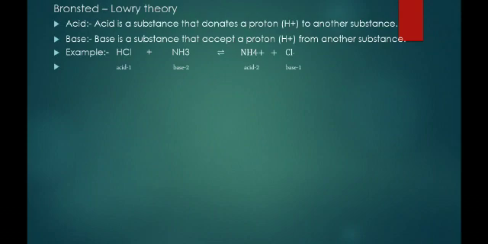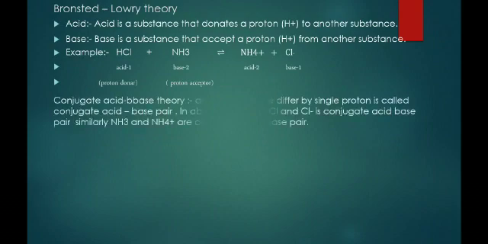It means in the reversible reaction, NH4 plus is an acid and Cl minus is a base. So here a pair is created between acid and base, which is called what? Conjugate acid base pair. So acid is proton donor, NH3 is the proton acceptor.